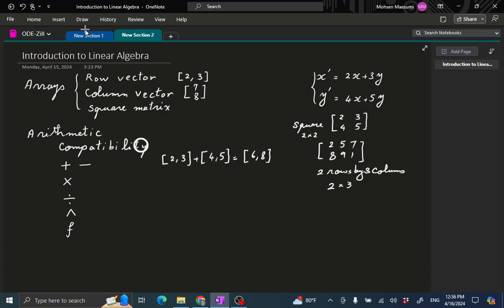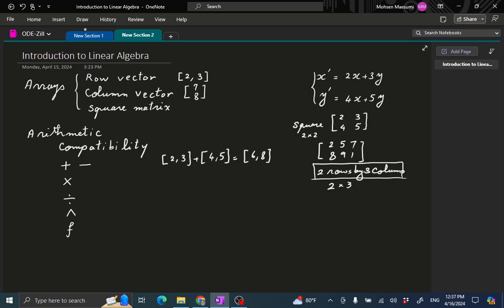We always have the issue of compatibility when we are doing arithmetic with matrices. We want to make sure that what we want to do actually does make sense. For addition and subtraction, the dimensions of all vectors have to be the same. The dimension, we said, is how many rows by how many columns we have.